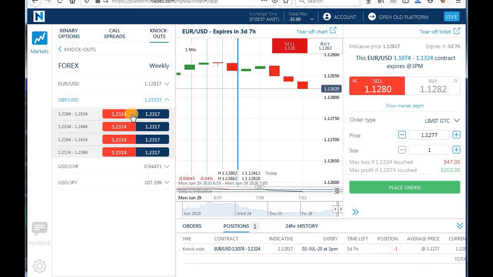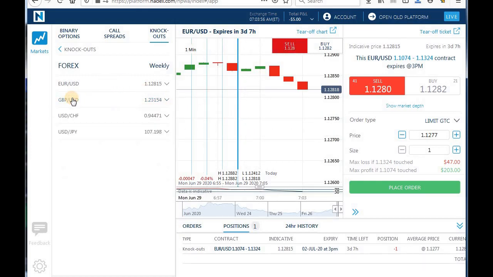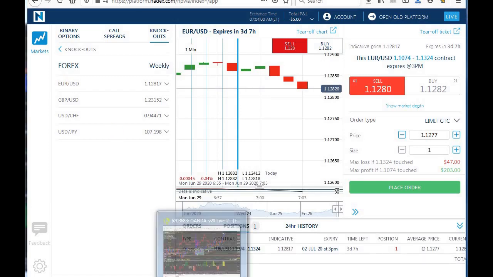If I'm buying, I want to be on the highest with the most potential upside and the least potential downside against me. Okay? I hope that makes sense. If it doesn't, just holler at me in the comments. I'll try and explain it a different way. Okay? But that's all there. Now we're going to look at some technicals.